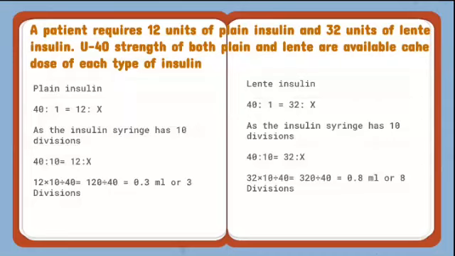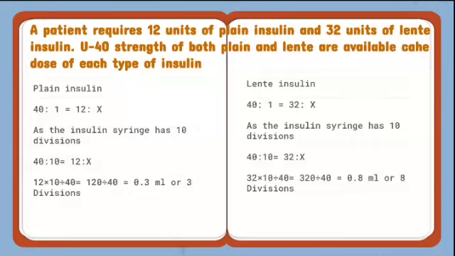So if you keep the x and bring all the other things to the other side, you will get 12 into 1, or if you want to calculate with insulin syringe divisions, you can keep 40:10 is equal to 12:x. So either you can do it in the first method, or if you directly want to know how many divisions you will take in the insulin syringe, you can use the second one.